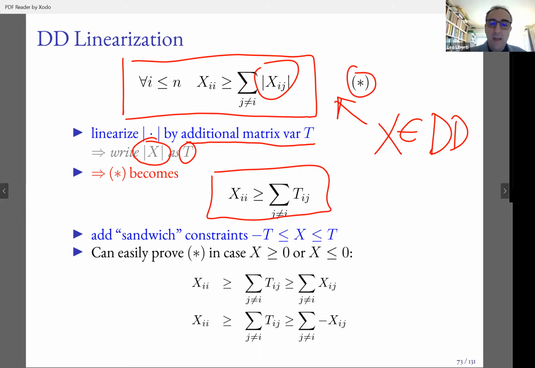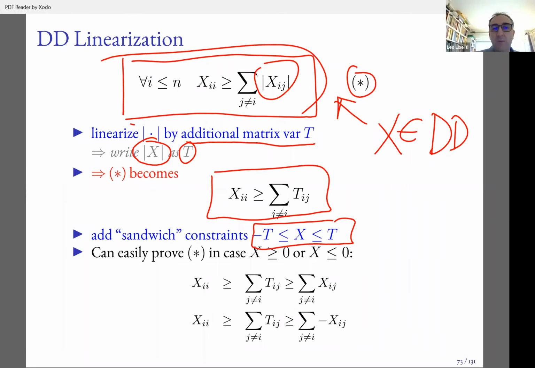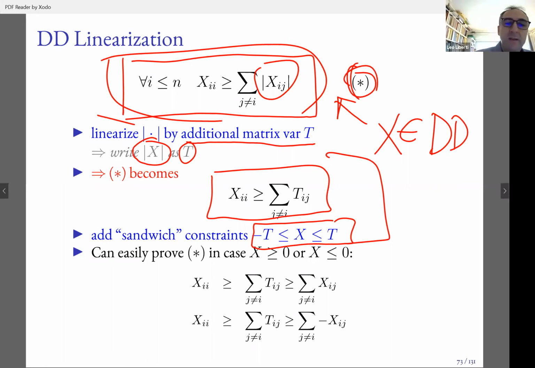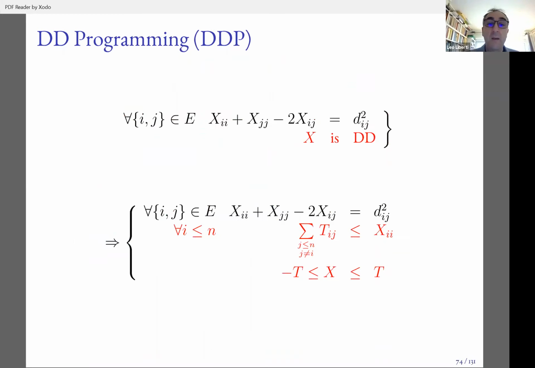Then you have to add these sandwich-like constraints that essentially imply this. Together these two linear constraints will imply the constraint star. So instead of adding the definition of diagonal dominance, you can add these two linear constraints, and lo and behold, you obtain an LP.